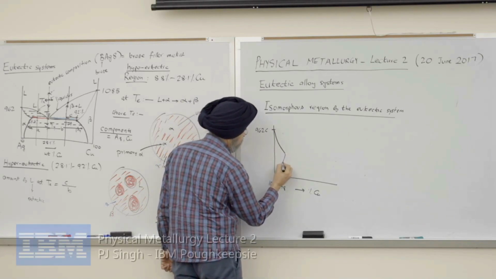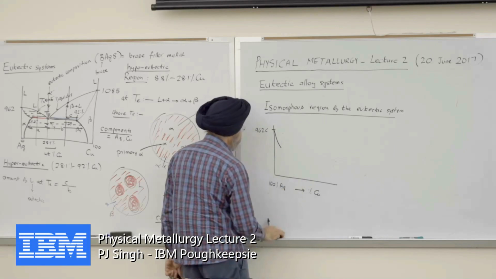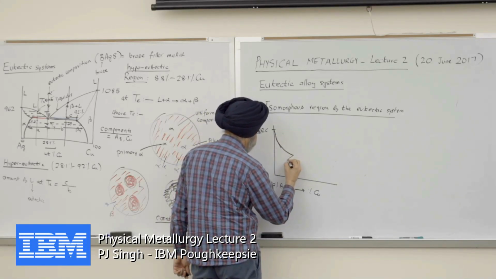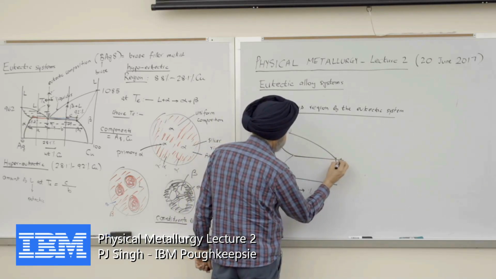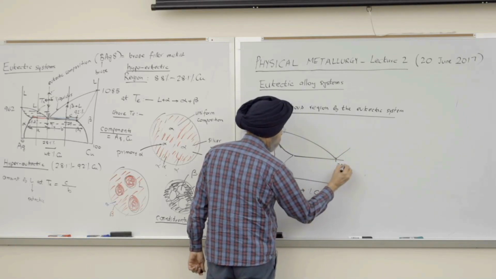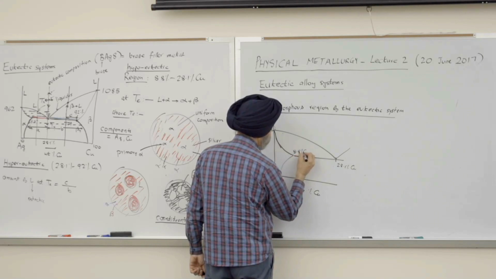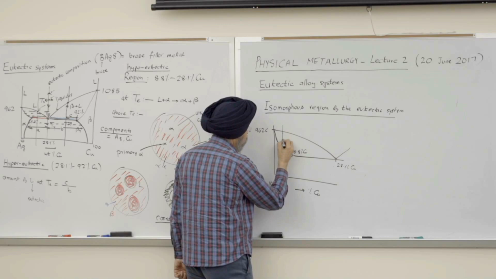So we have this structure. I'm drawing the phase diagram. Let me draw it big. This is the eutectic at 28.1% copper. This one is 8.8% copper. So what if I chose a composition over here?